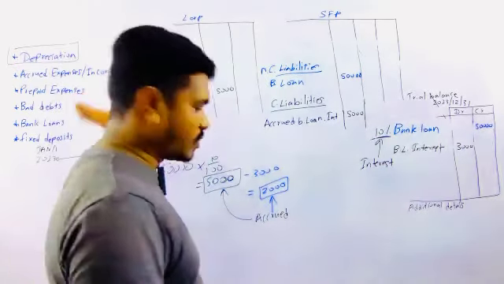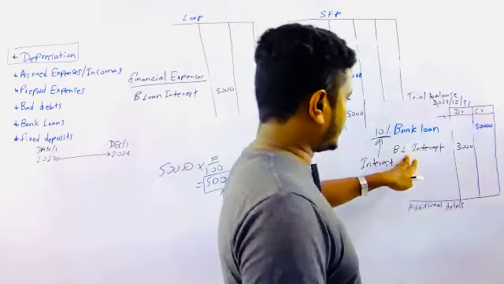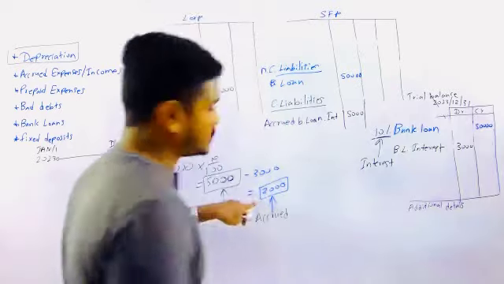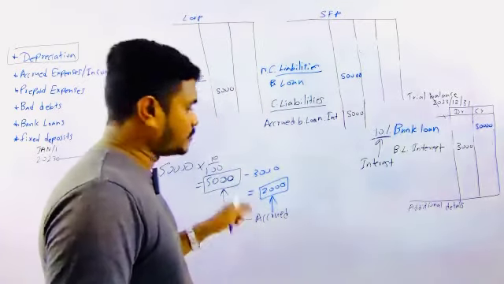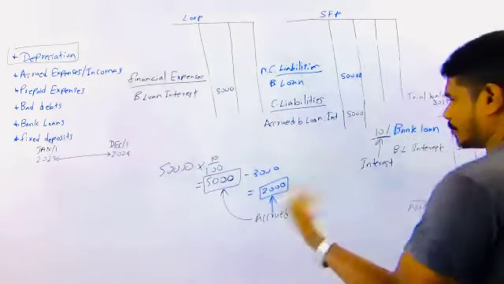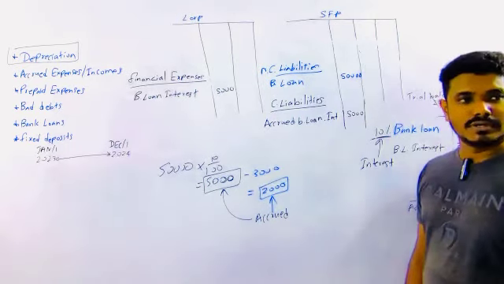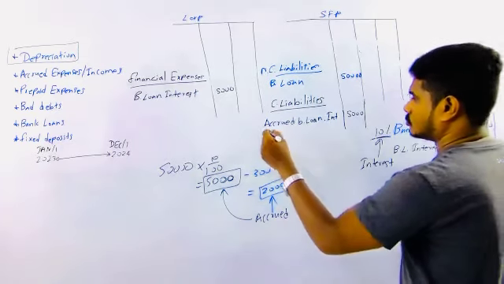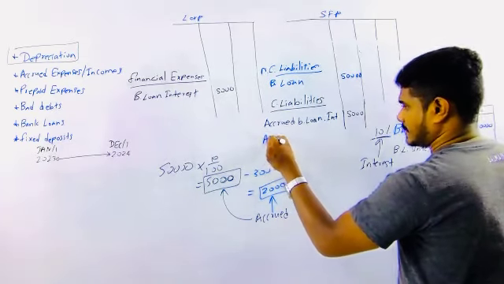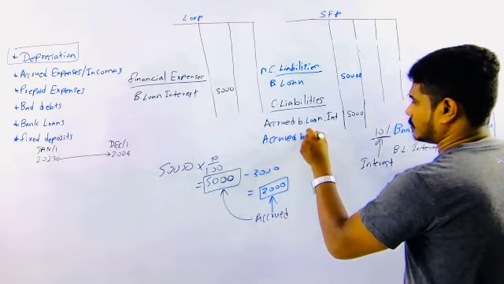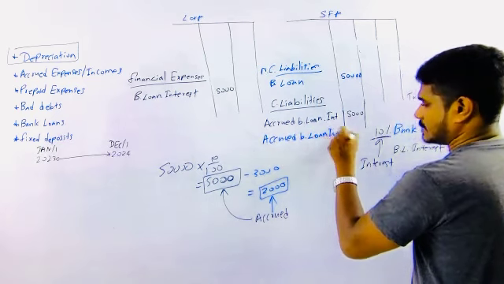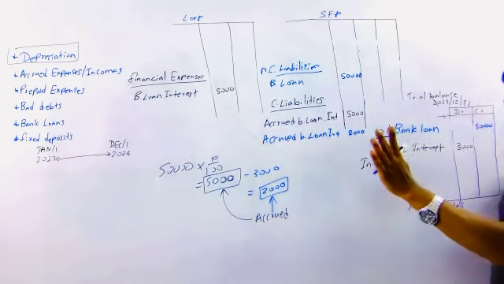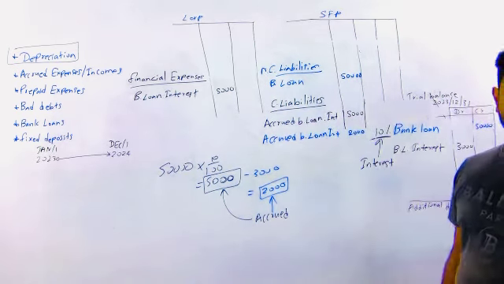Then we check whether they have paid; yes, but only 3,000. We have to pay another 2,000, so this is accrued bank loan interest of 2,000. Before, we entered 5,000 because they hadn't paid anything for bank loan interest.